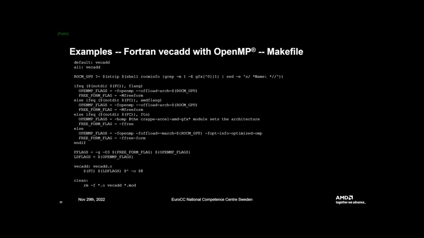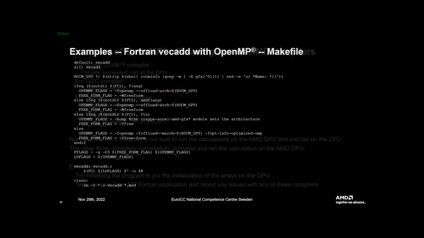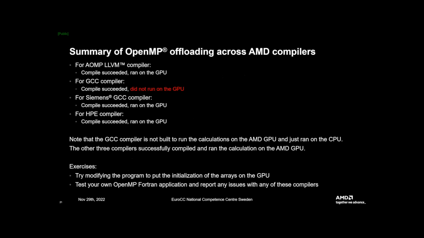And then you just add that to your Fortran flags and load flags, and you need to add them to both. And then you build the code and run it. There are a couple of exercises in the HackMD to try these out. You can try both the OpenMP and the OpenACC. There are examples for each of those with C and Fortran.